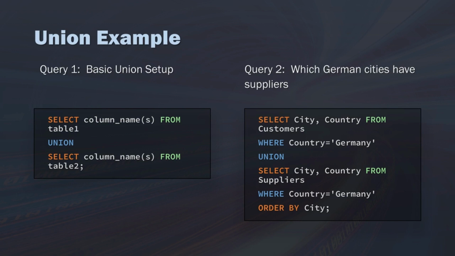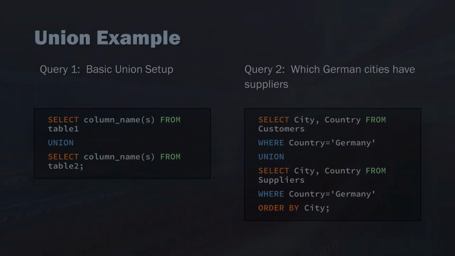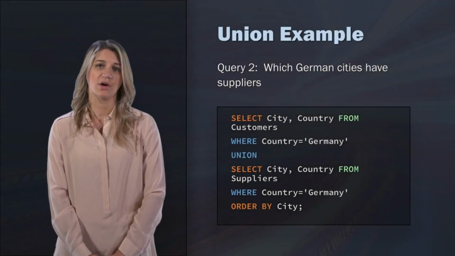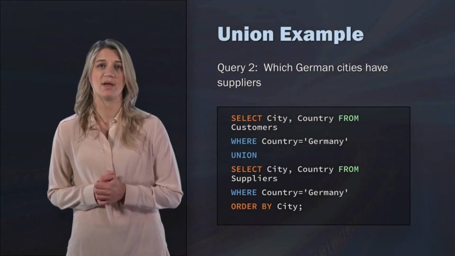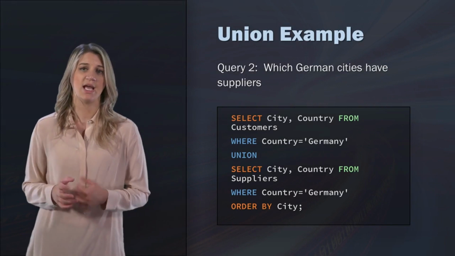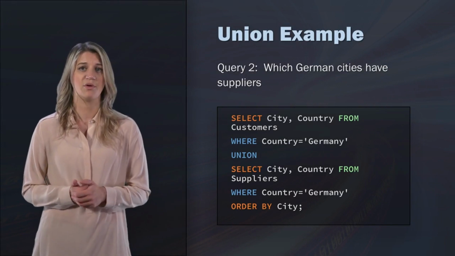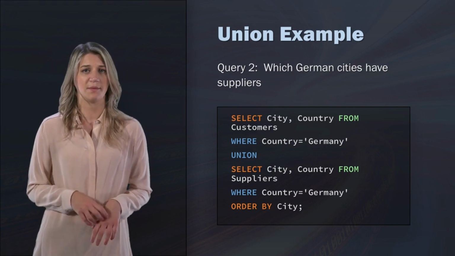So this is different from most of the joins we've been doing up to this point, where we have our whole select statement and we say where and how we want it joined. Here we say our select statement, we say our union, and then we say the other statement that's going to stack. So in our example here, we have our first statement: we're selecting city and country from the customers table where the country equals Germany.